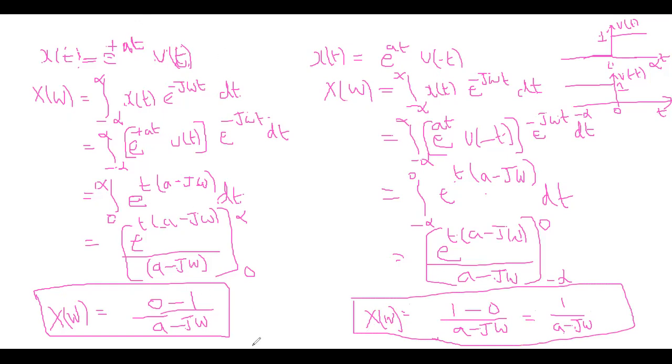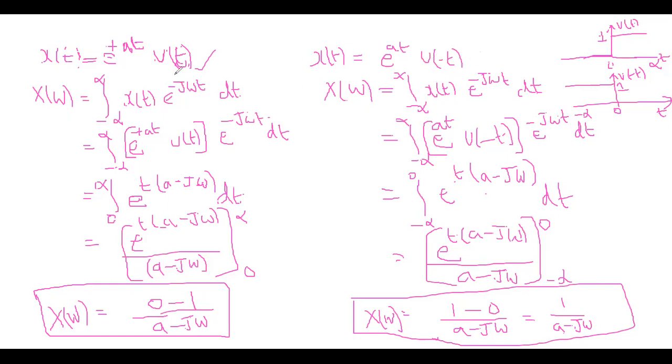There is a lot of difference here. It is a negative sign here and a positive sign there. The denominator is a minus j omega. So we can call it single-sided, only the positive values. And this is also single-sided, but it is e power at mu of minus t.